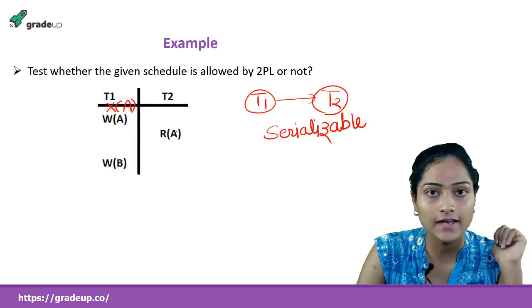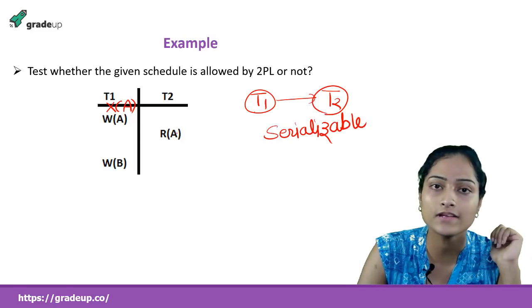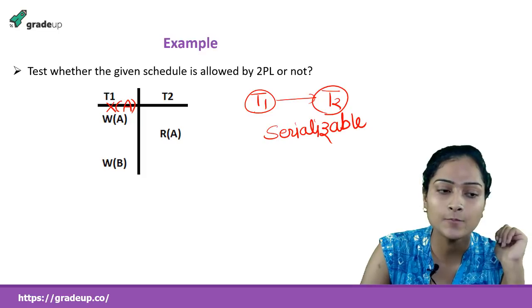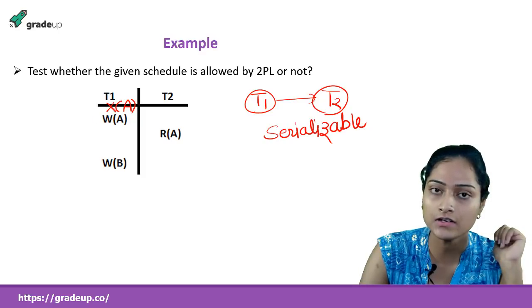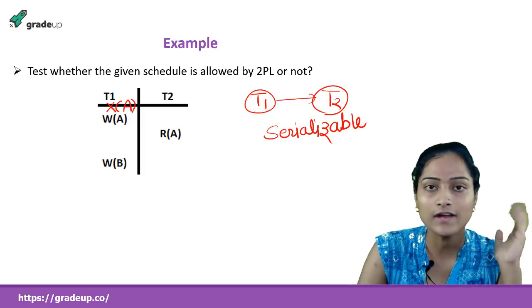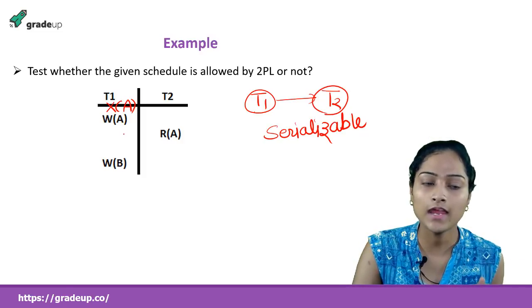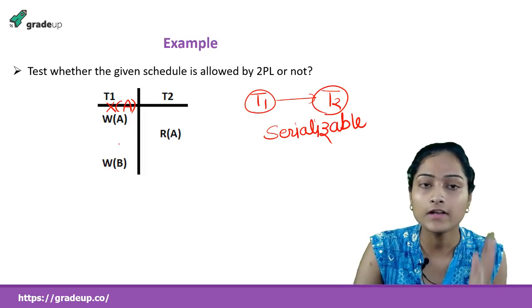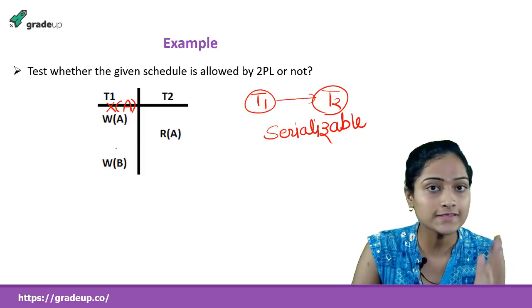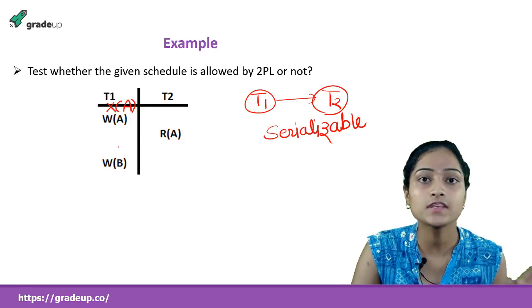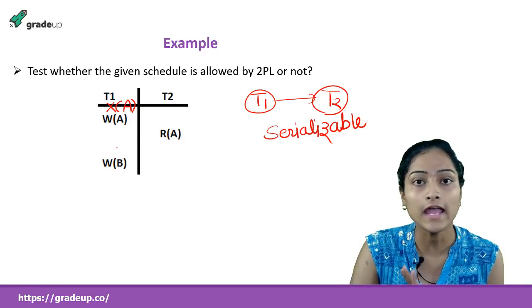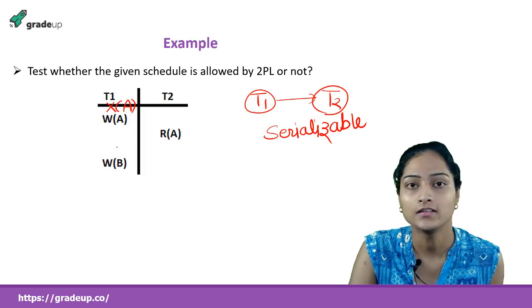Transaction T2 will make a request to the concurrency controller for granting a lock, but T2 has to wait because data item A is used by transaction T1. You may think that transaction T1 does not need data item A afterwards, so I can unlock it here. But keep one thing in mind: once you start unlocking data items, you are not allowed to lock any data item again.